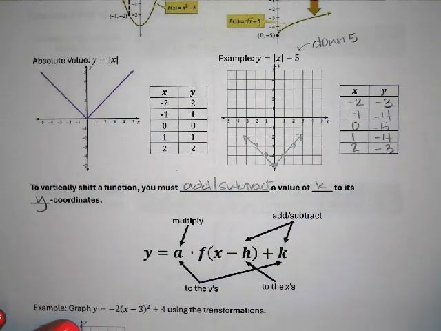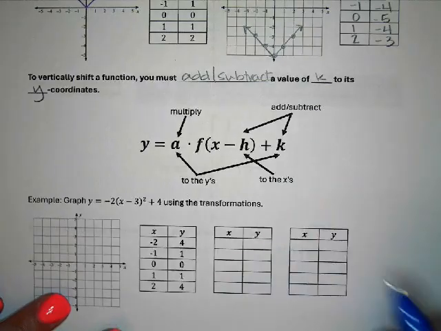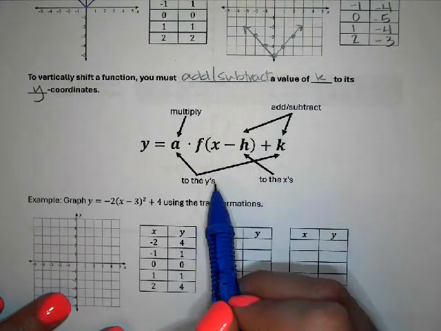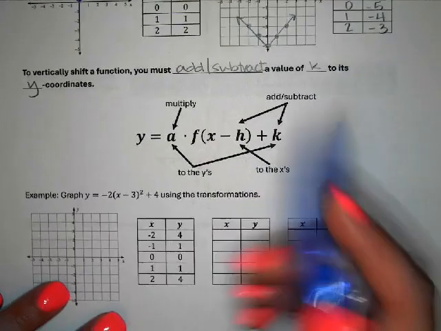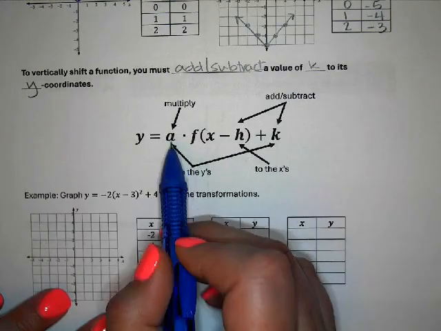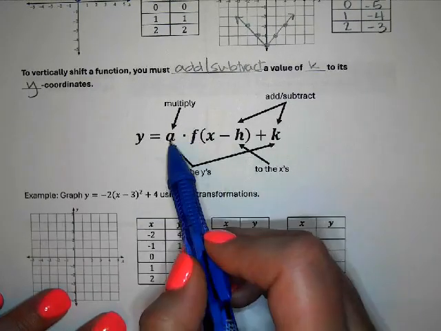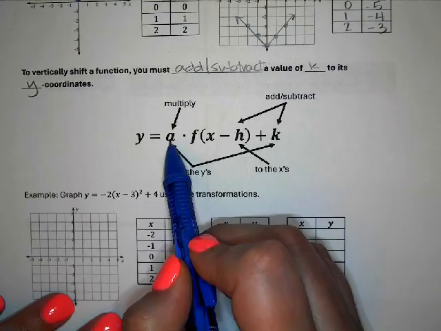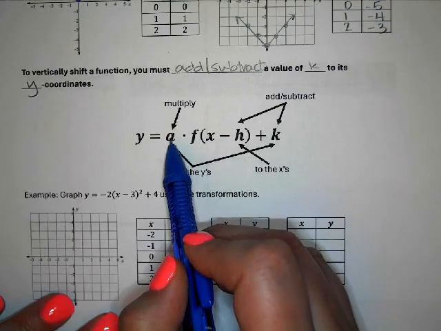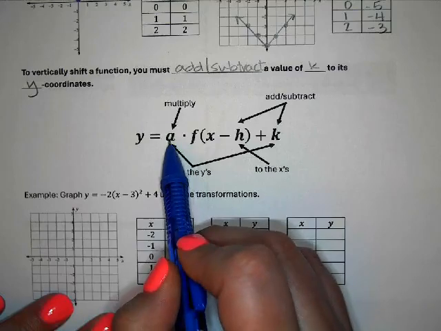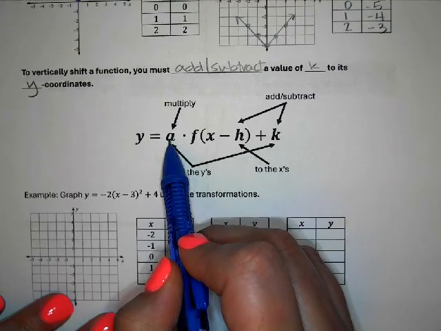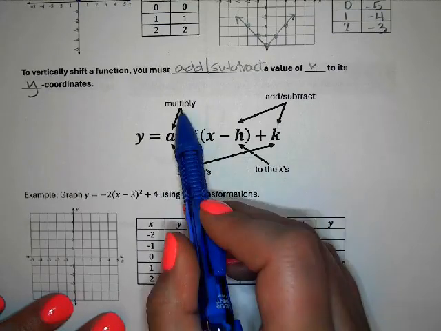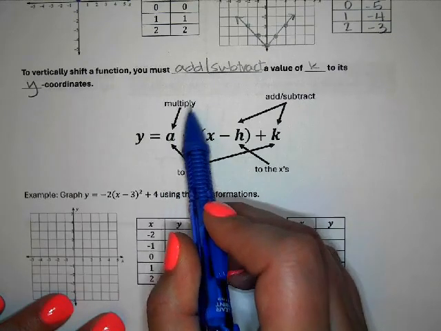Okay, so this is kind of a summary of what we just learned. In the front, if you have something here, this is a reflection over the x-axis, if it's negative. And if this number is greater than 1, it's a vertical stretch. If this number is between 0 and 1, it's a vertical shrink or vertical compression. And you multiply the number to make that transformation happen.